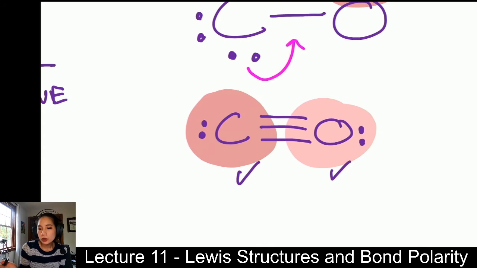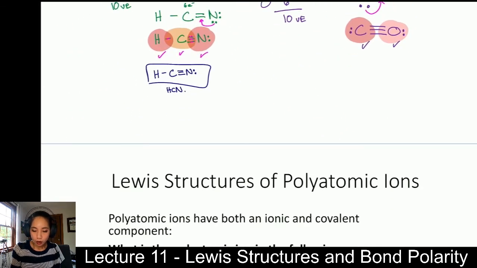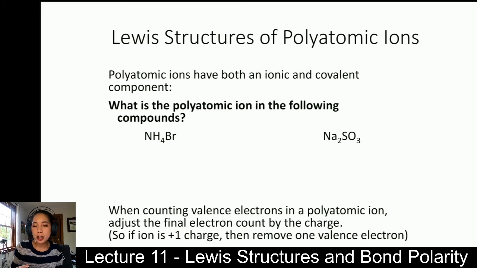So I've given you a couple of examples of how to come up with Lewis structures for neutral covalent molecules. So there's one other type of Lewis structure that we can make, and that's Lewis structures of polyatomic ions. So remember, these are those lists of polyatomic ions that are found in ionic compounds.